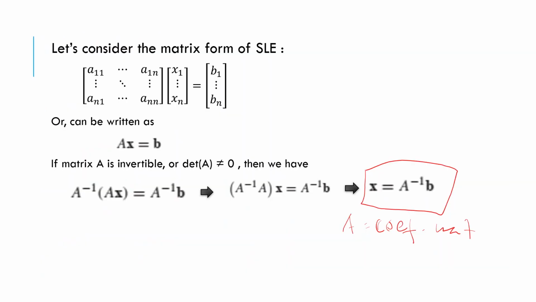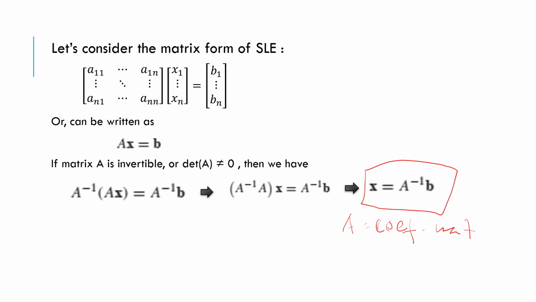Now, we have this system of linear equations. Let's say we have a system of n times n, which means it consists of n equations and n unknown variables.